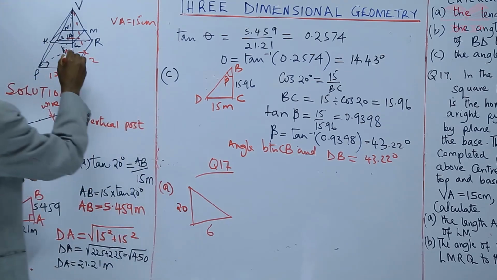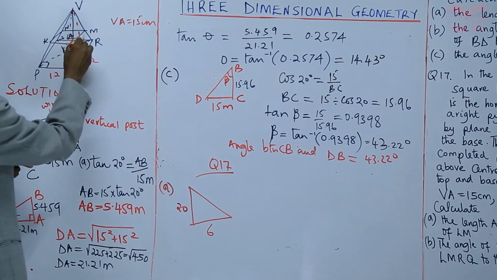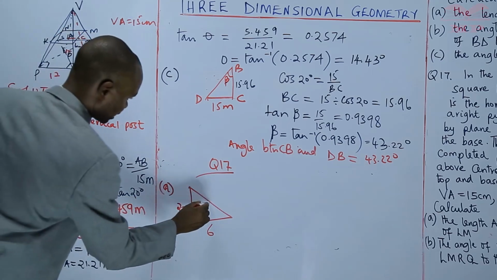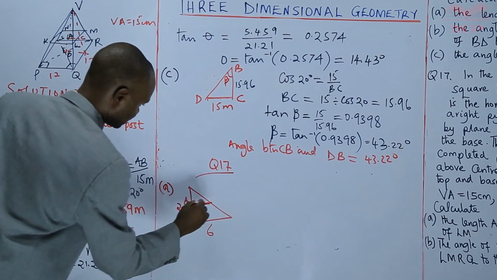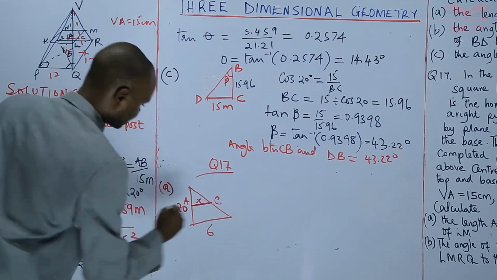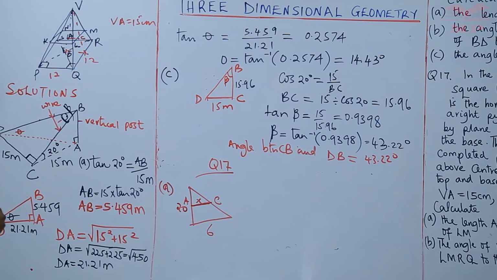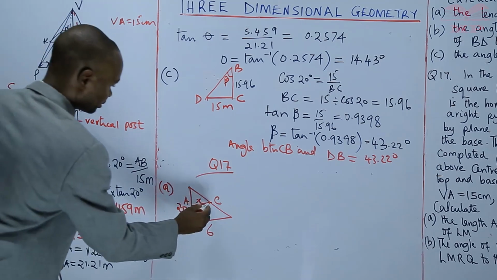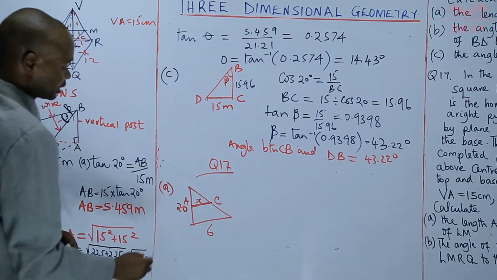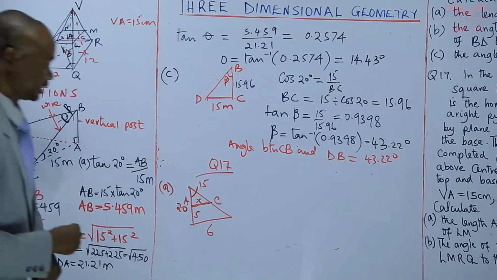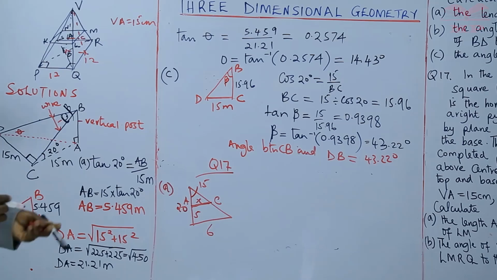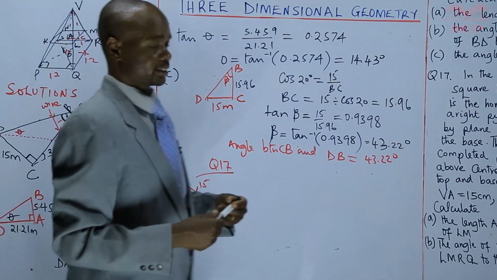So the distance they are asking for is A to C. It is actually here. I don't know that length, but I know this one was 5 and the other upper one was 15. So I can use similarity and congruency.